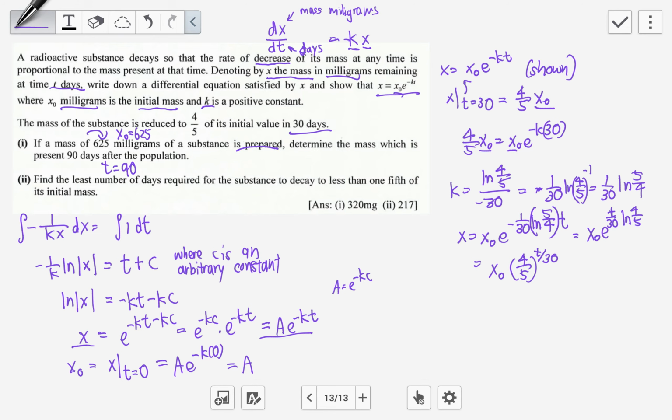So I want to determine the mass which is present. That means they want the x when t equals 90 if x naught equals 625.